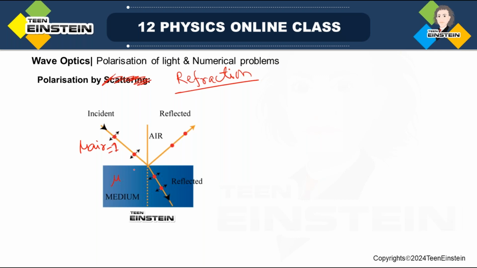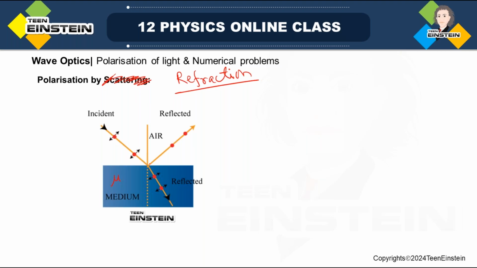So light is incident at the interface of a solid or denser medium and air. Since this medium is transparent, light will be transmitted, as well as some part of the light will be reflected.